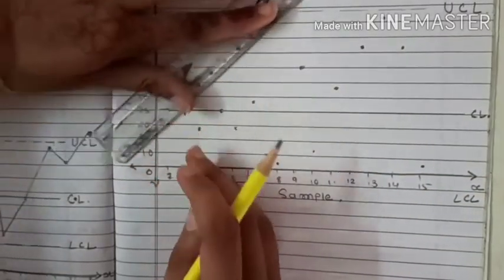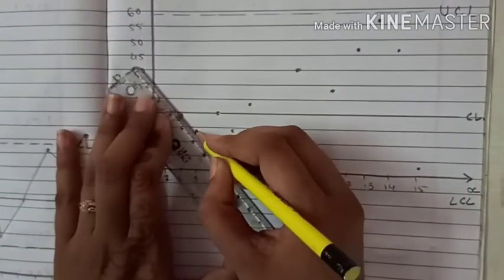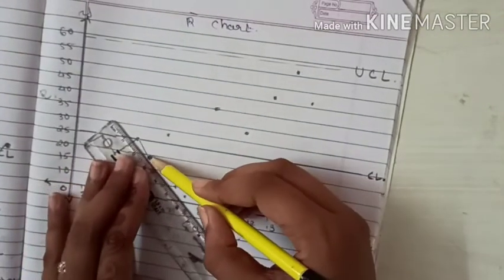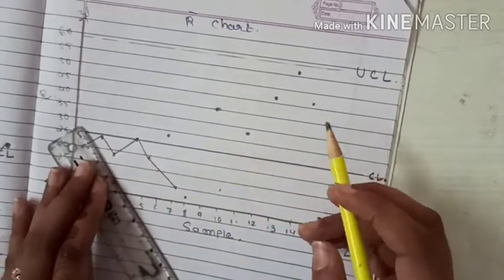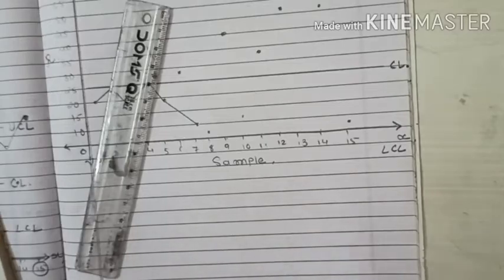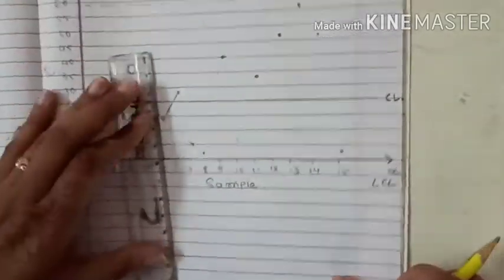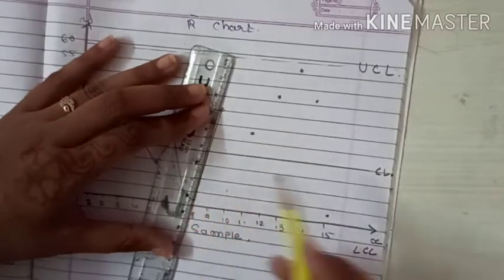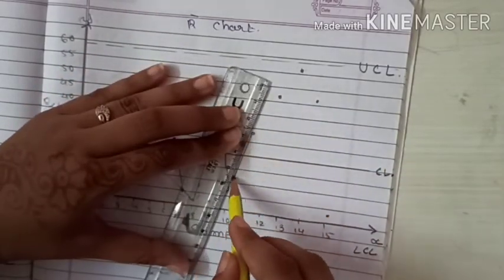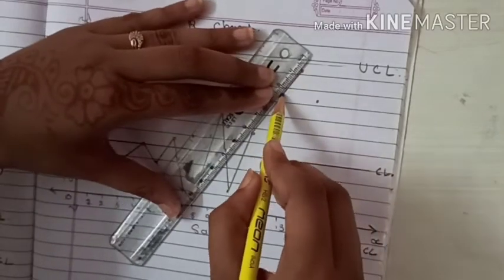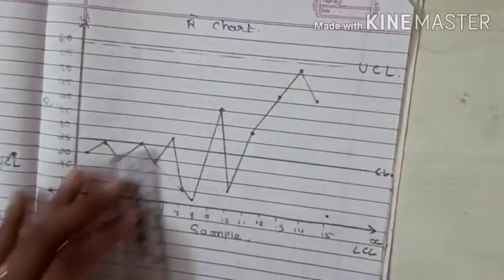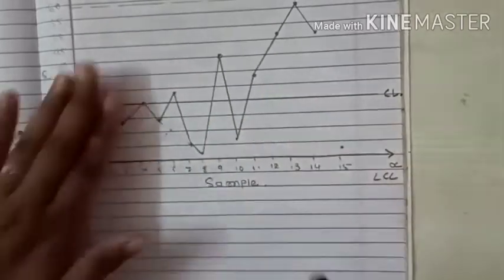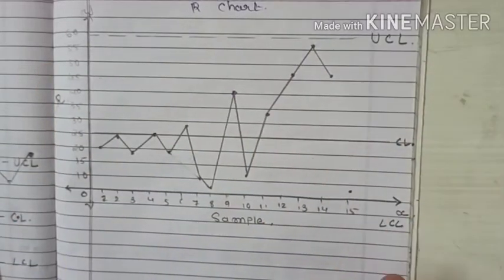Let's join all the points very quickly. I have missed out one point, sorry. So this kind of chart we will get.